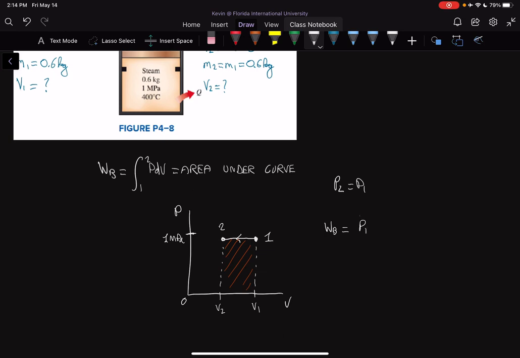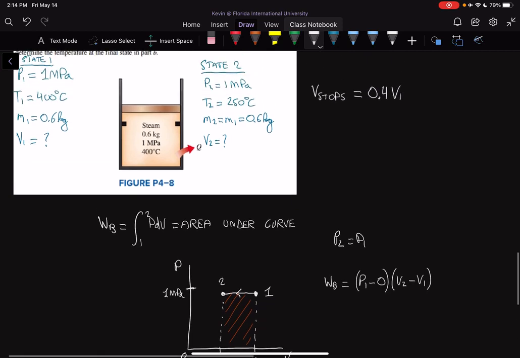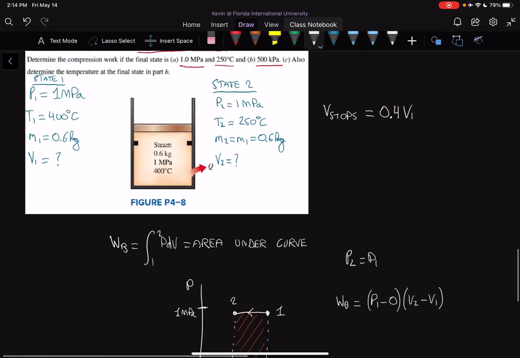So it's P1 minus 0 multiplied by V2 minus V1. And so what we need to find is essentially V2 and V1. So how are we going to find V2 and V1? That's a question that I'm asking you right now.